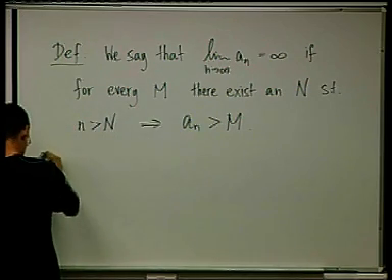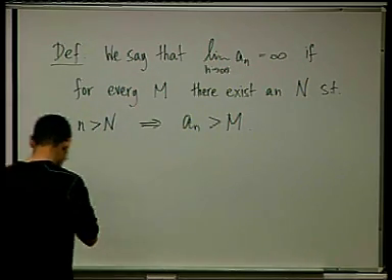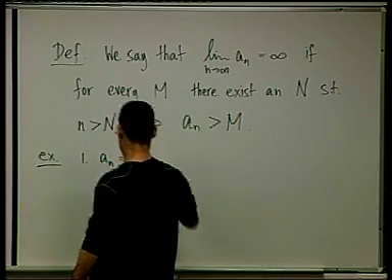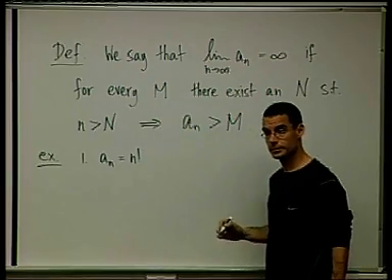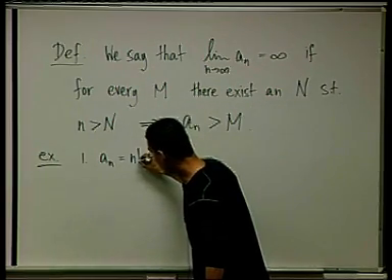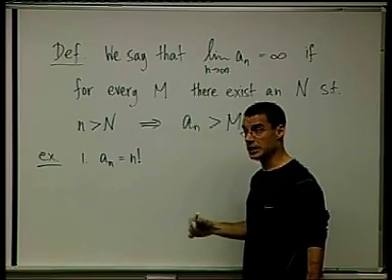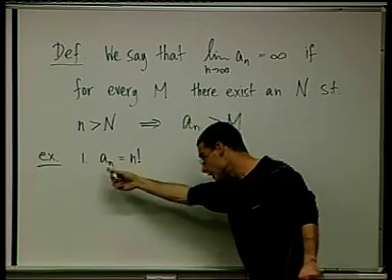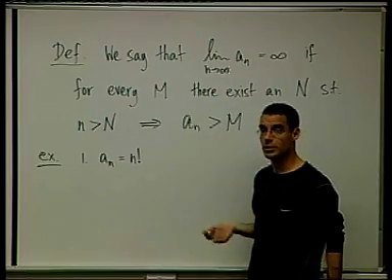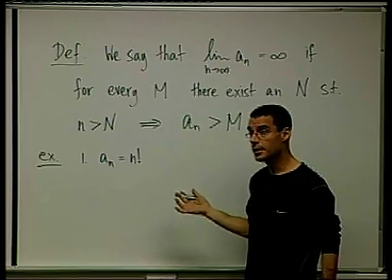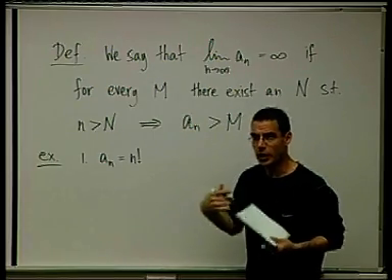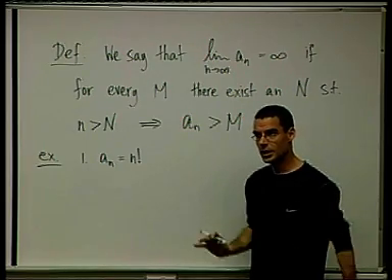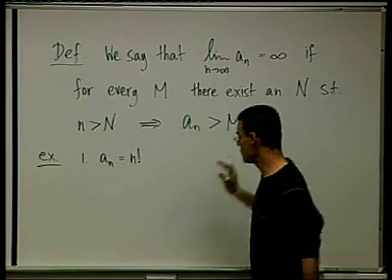Okay, examples. So, an example would be n factorial. Do you agree that this goes to infinity? As n gets bigger and bigger, the sequence gets bigger and bigger. If you want to exceed 7,000, you need to find from which element onwards everybody's bigger than 7,000. Do you see that? Is my talking, even though it became a bit fast, is it clear? I see all the heads now nod.